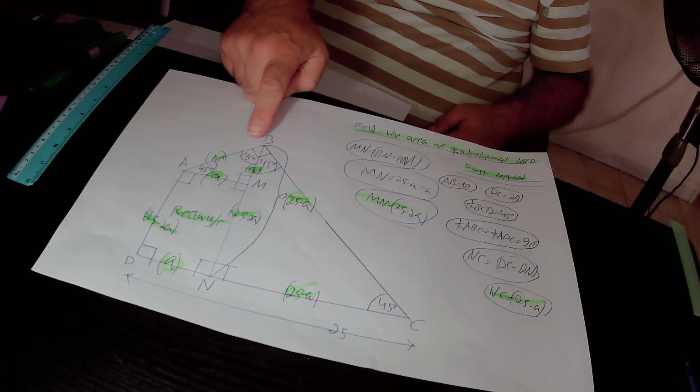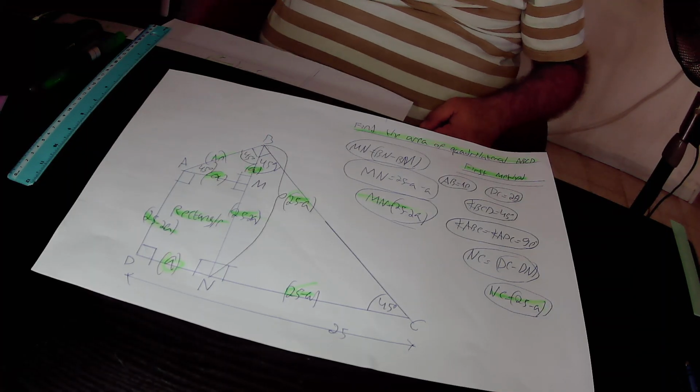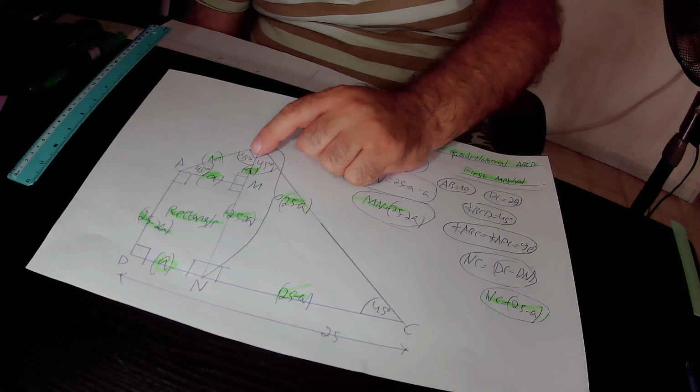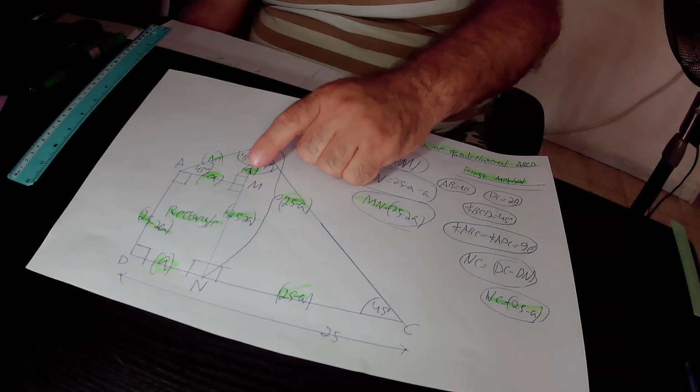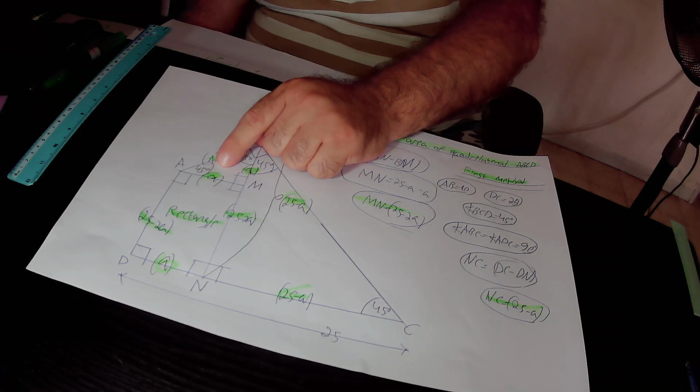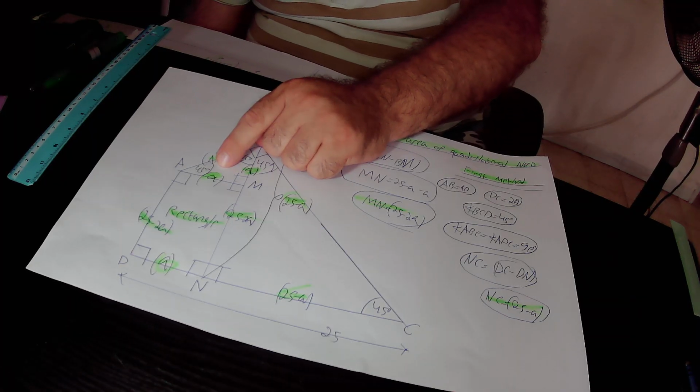So this is the missing angle ABM, and it equals 45 degrees in size. So in the small right triangle AMB, this angle equals 45 degrees, this angle equals 90 degrees, and therefore this first angle must be equal to 45 degrees in its size, according to the rule that the sum of the angles in any triangle is equal to 180 degrees.